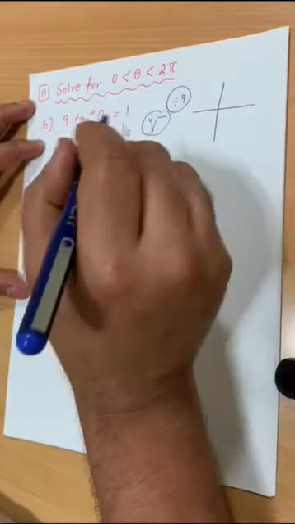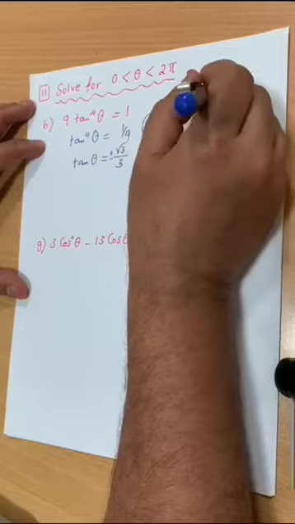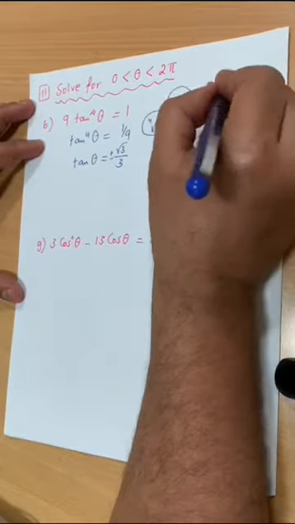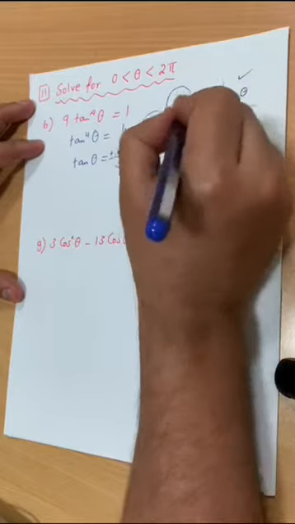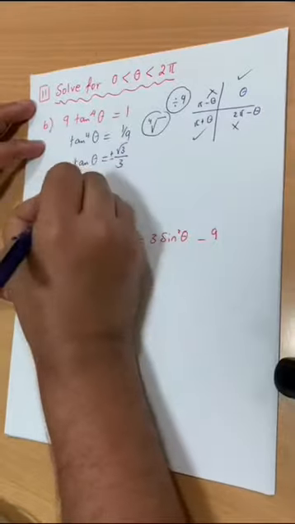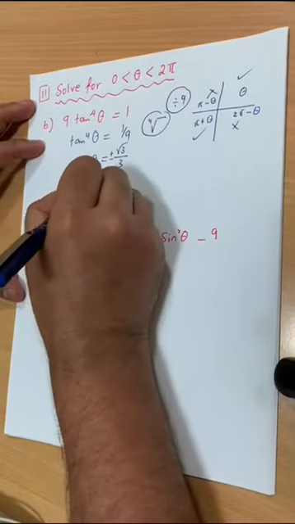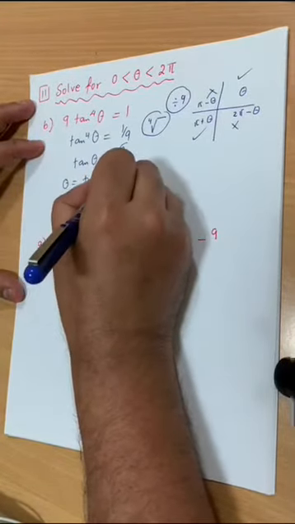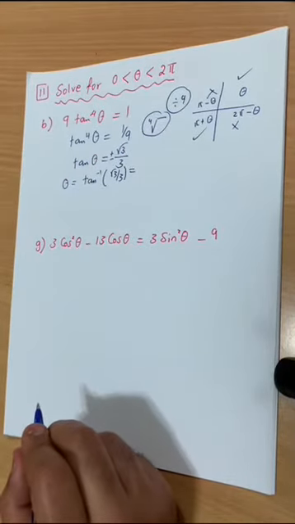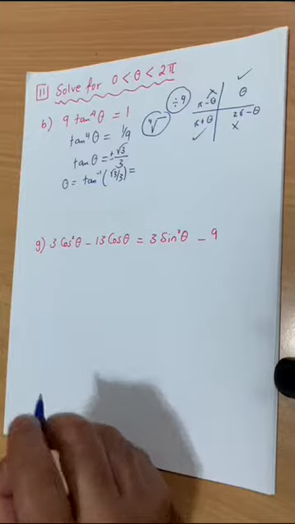On the range which is given to you, tan is positive in the first and third and negative in the second and fourth. Expressions: theta, pi minus, pi plus, and 2 pi minus. Theta equals inverse tan of root 3 over 3. Inverse tan of root 3 over 3 is pi over 3.